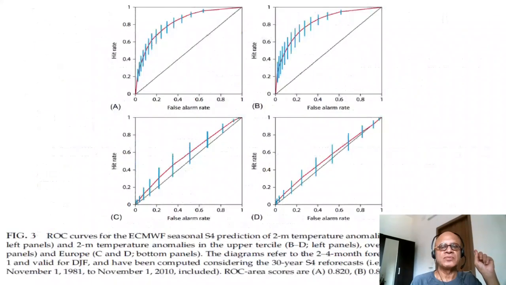Okay, so that just means each ensemble member from the ensemble mean, for example.